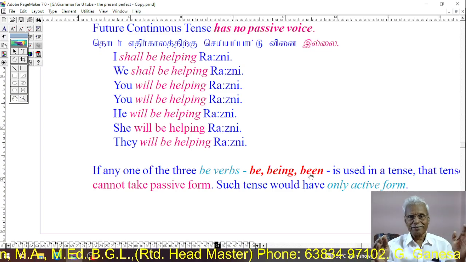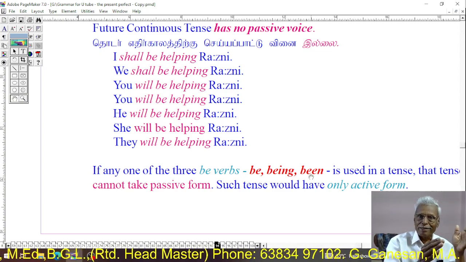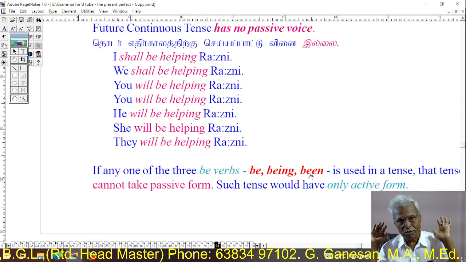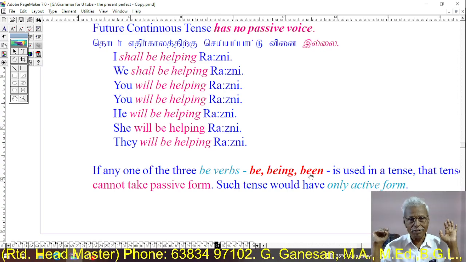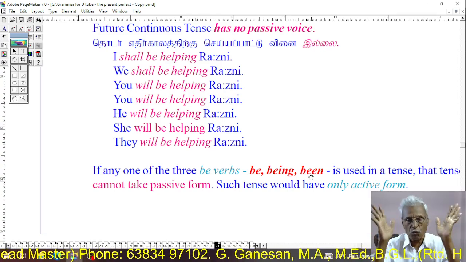That tense cannot take passive voice. That can have only active voice.